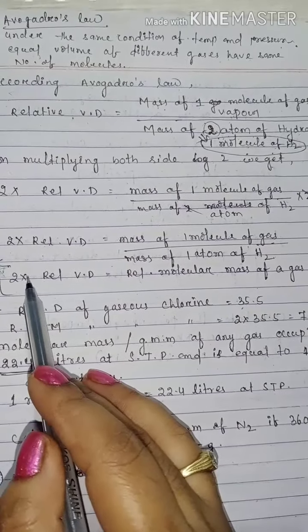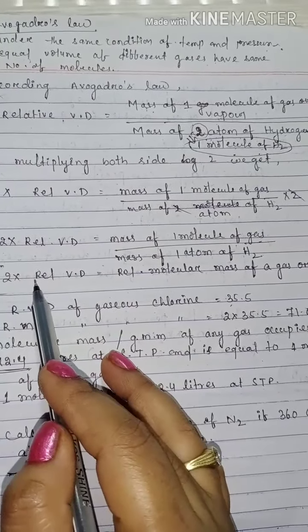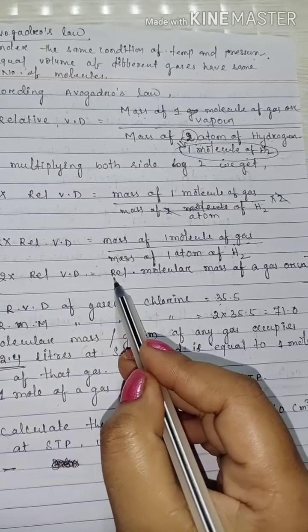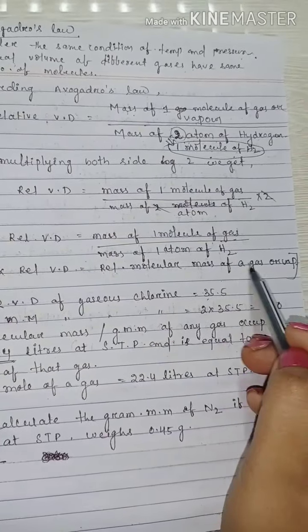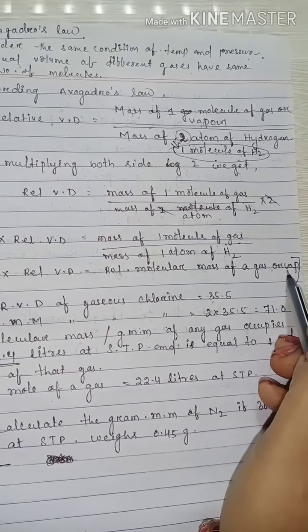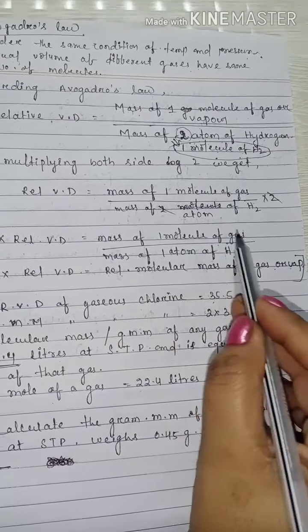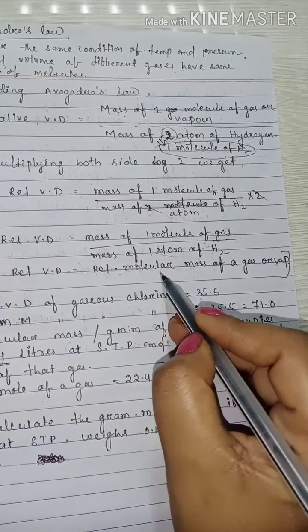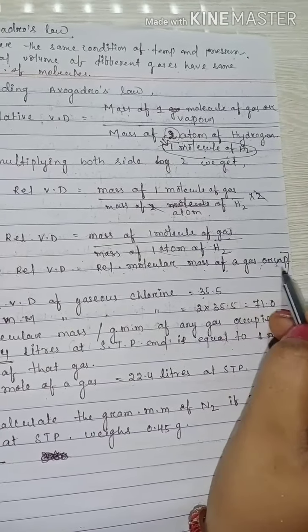That means 2 into relative vapor density is equal to the relative molecular mass of a gas or vapor. What does this mean? The mass of one molecule of gas divided by the mass of one atom of hydrogen is the relative molecular mass of a gas or a vapor.